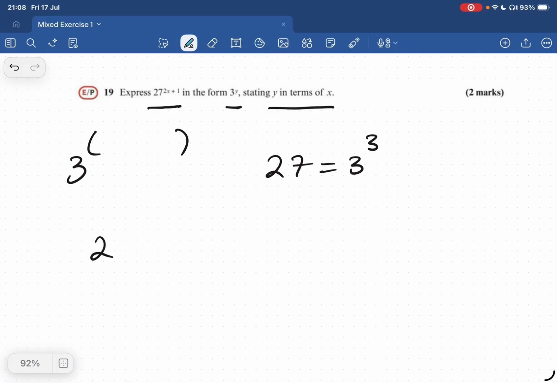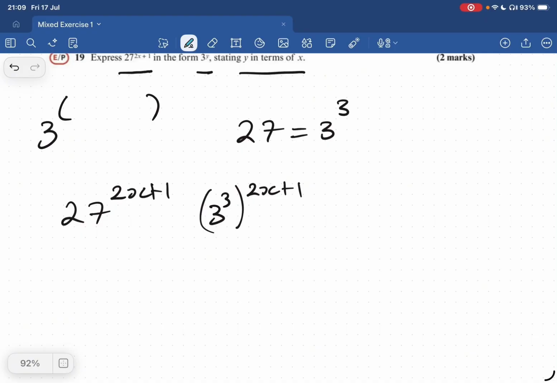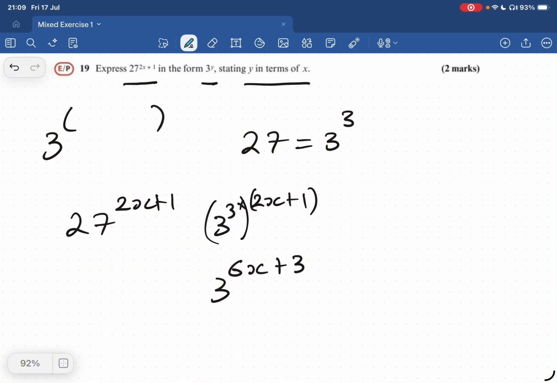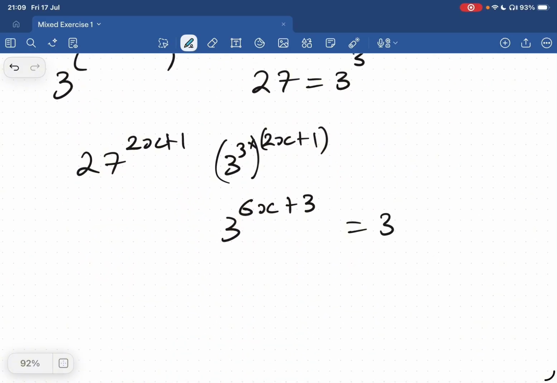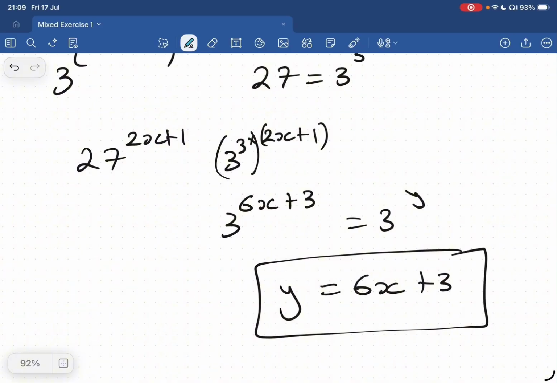So instead of writing 27, we can write 3 cubed, but all of this then needs to be to the power of 2x plus 1. So we do 3 to the power of 6x plus 3. The key thing here is 3 is times by the whole of this. So this is equal to 3 to the y, so y in terms of x, y must be equal to 6x plus 3. And that is our final answer.